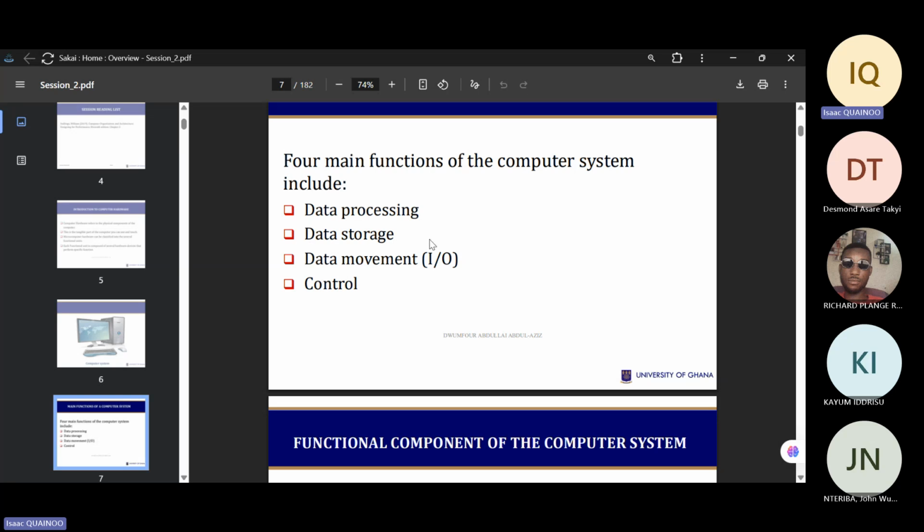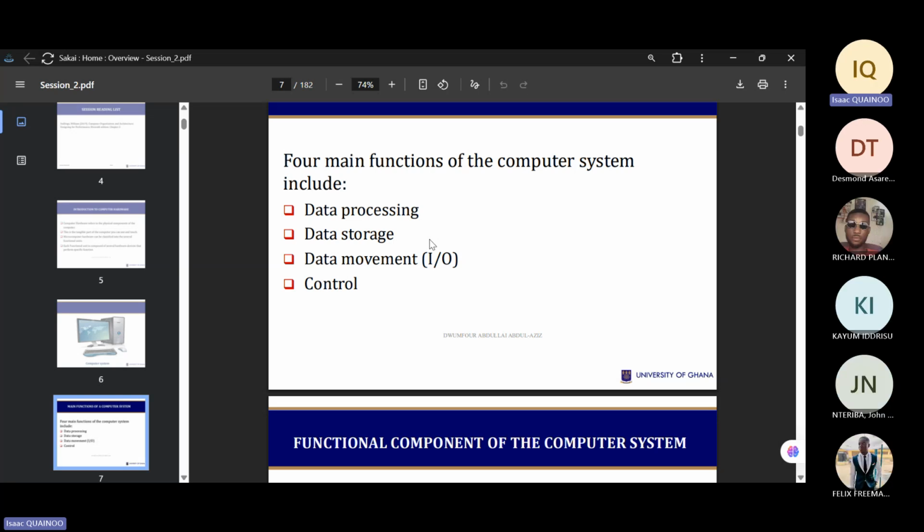And then three is data movement, which is input or output. That is, you should be able to move data into and outside a computing system. So we should have the ability to feed the computer with data and instructions, and the computer should be able to return an output. We just mentioned data processing here.